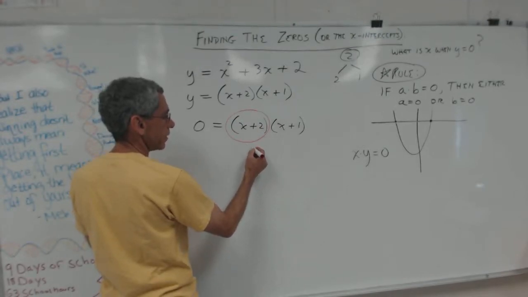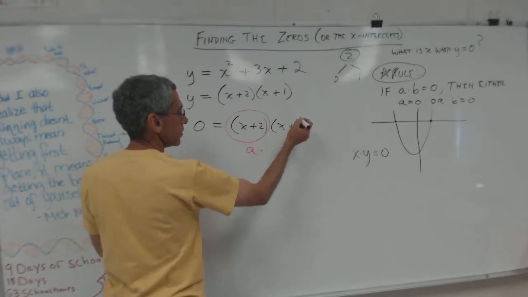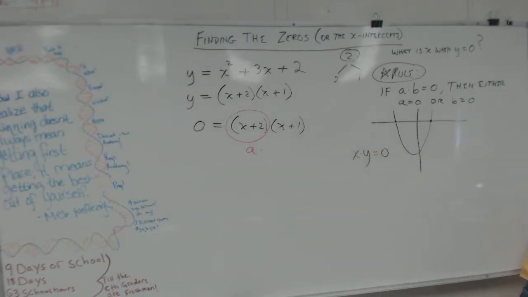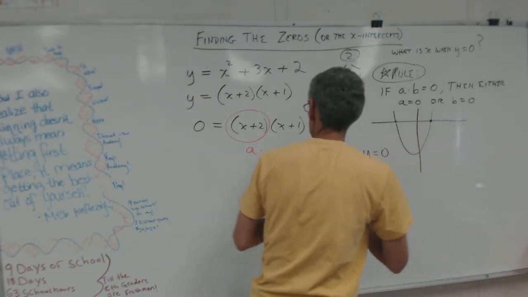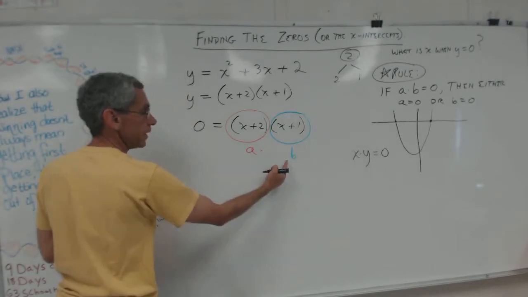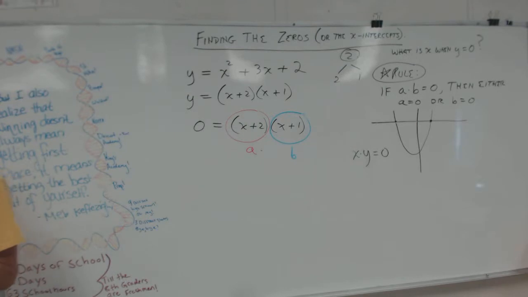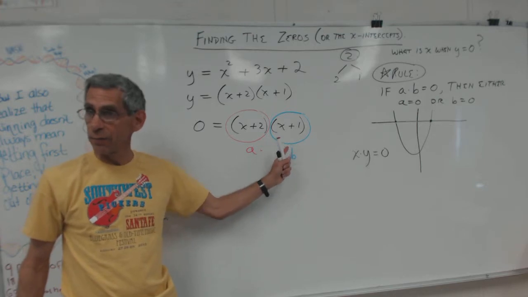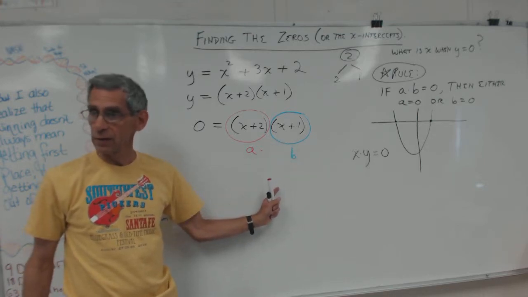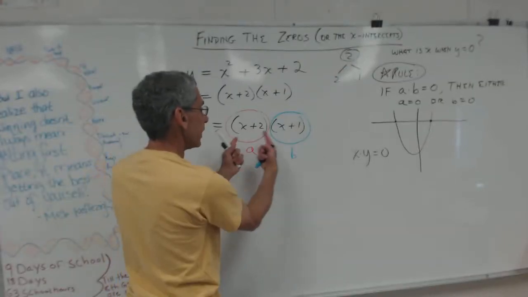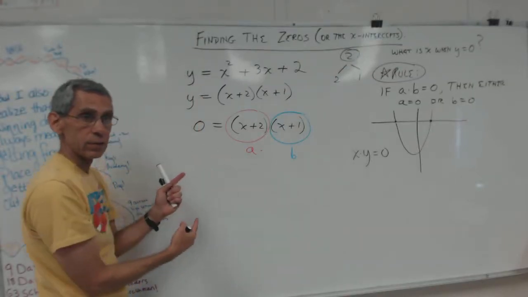Times, this is my b, right? So a times b equals 0. You guys with me? So the blob is the a, and this other blob is the b, right? Does that make sense? They're both being multiplied times each other. One of them has to be 0.